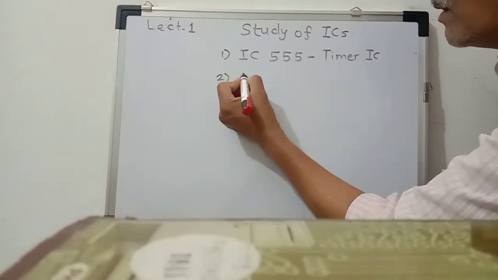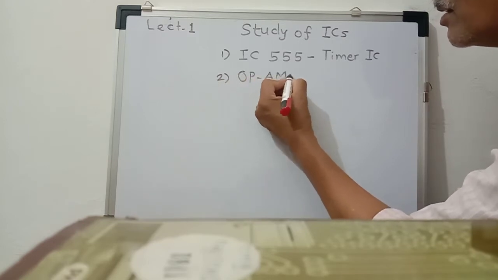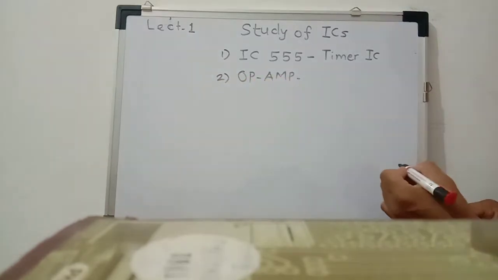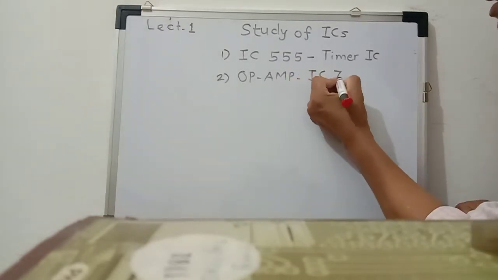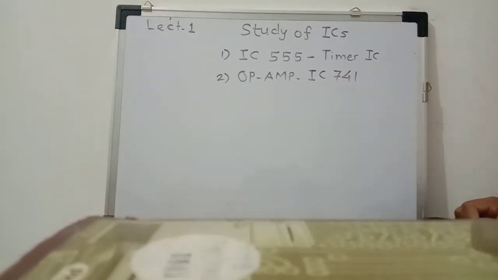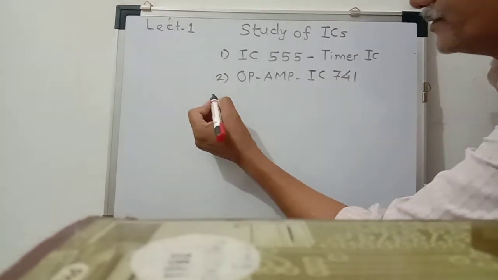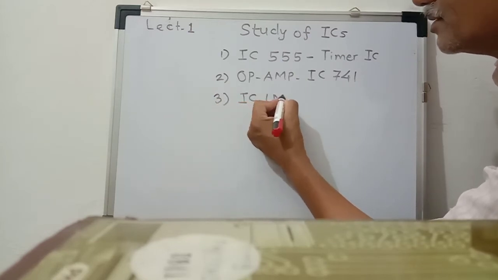Second, operational amplifier, op-amp IC 741. IC 741 is called as operational amplifier, that is op-amp. And third, IC LM317.